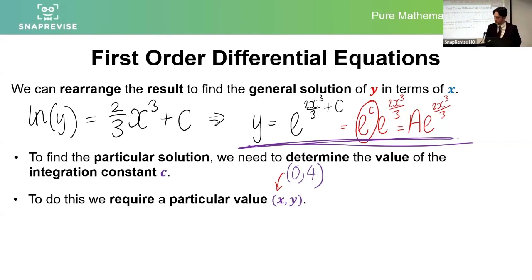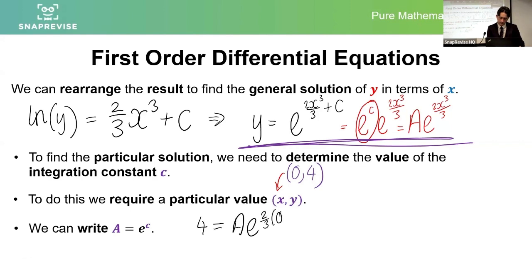So let's do that. What we've got is 4 equals a e to the 2/3 times 0 cubed. I'm subbing in x and y just like I would always do. Now, e to the 0 is 1. So 4 equals a.